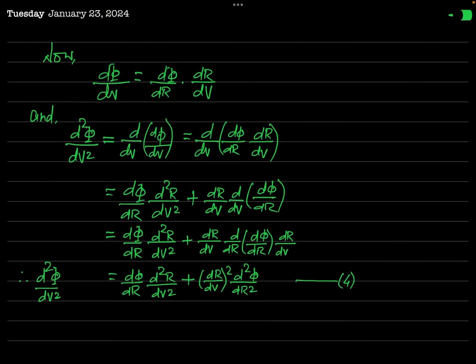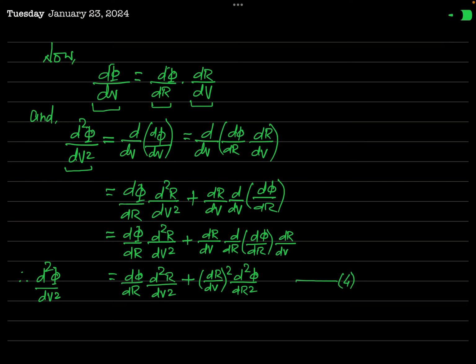Taking the concept of function of a function into account, we can write d phi by dV as d phi by dR times dR by dV. Okay, you can write it. And if we want to find the second order derivative d2 phi by dV square, how can we find it?